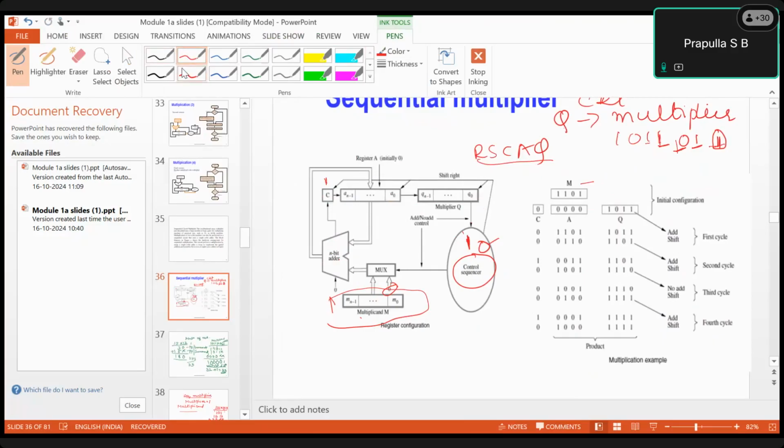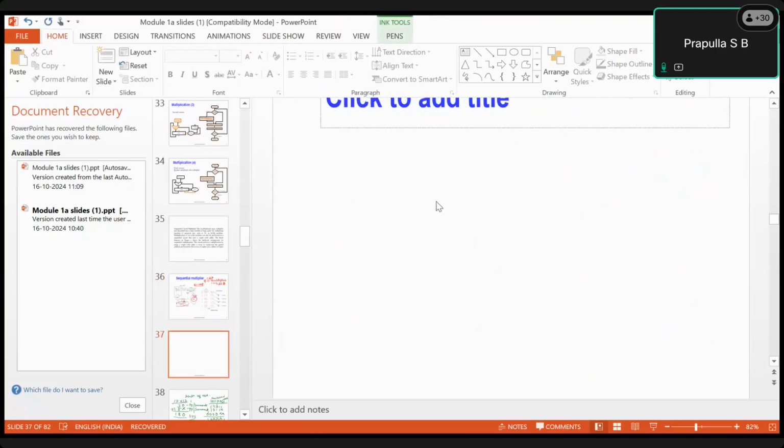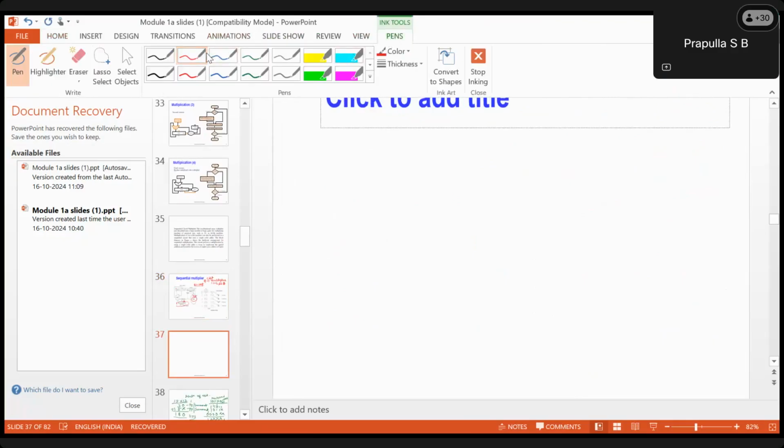I'm taking a new slide. So these are your numbers: 13, 1101, and the multiplier is 1011.